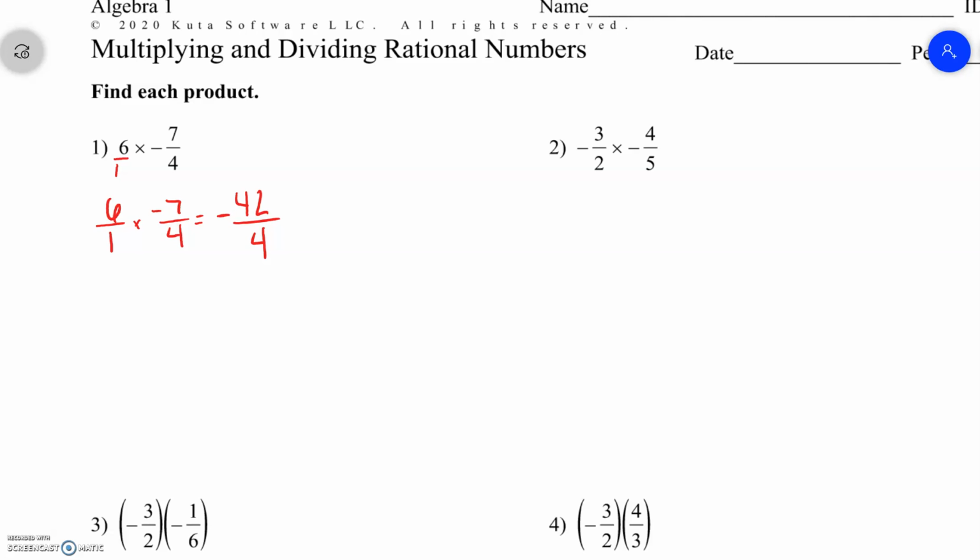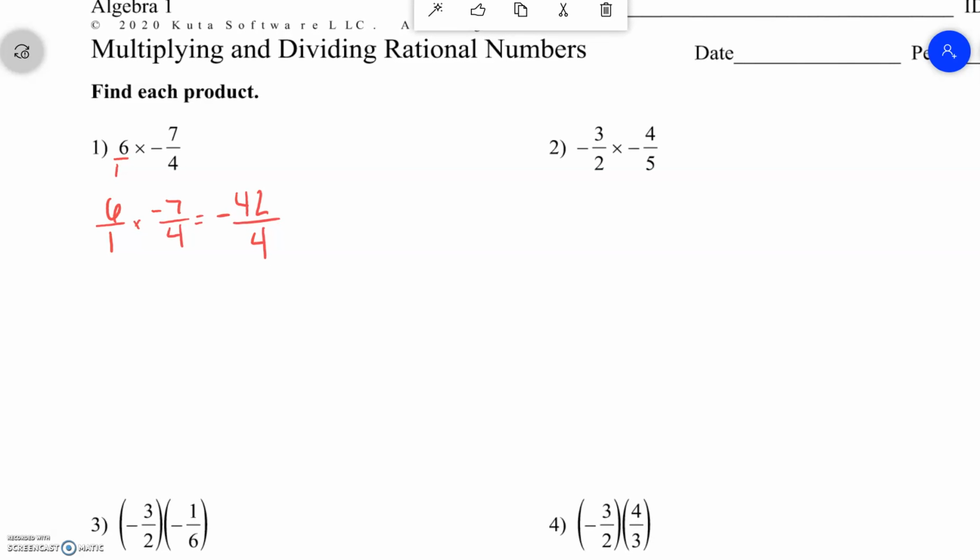Now this is an okay answer, but if you want the correct answer, or the more right answer, we need to simplify. And we simplify by dividing the same values out.